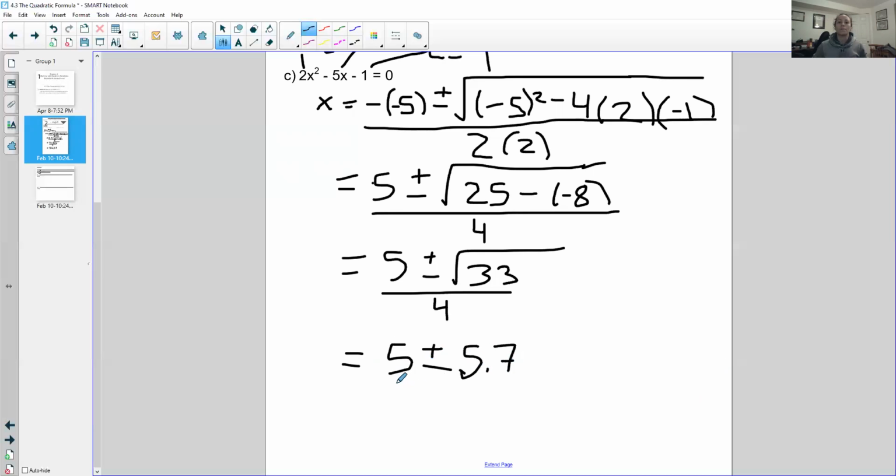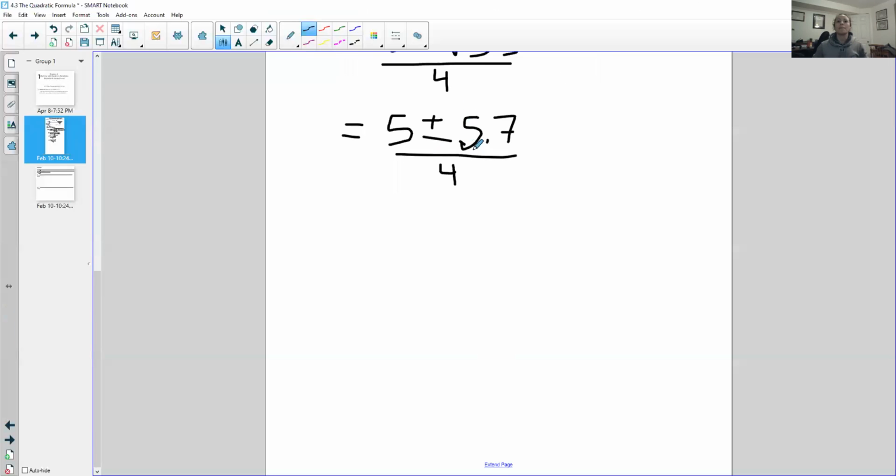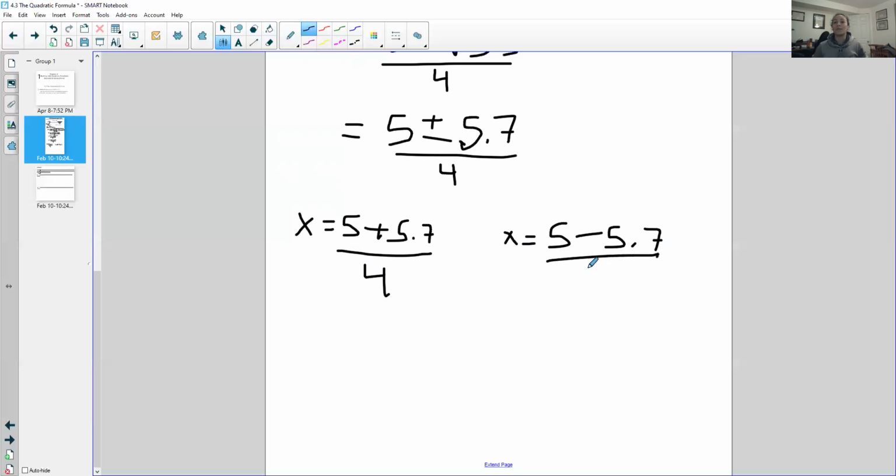divided by 4. Now we're going to take this plus-minus sign and separate it into our two roots. So x is going to equal 5 plus 5.7 all divided by 4, or x is going to equal 5 minus 5.7 all divided by 4.